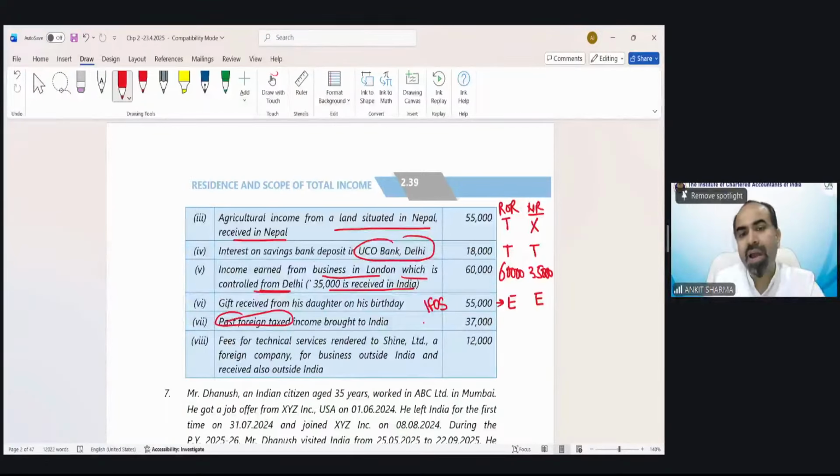Past foreign untaxed income, not applicable. Fees for technical services rendered to Shine Limited, a foreign company, for business outside India and received also outside India. For ROR, it is going to be taxed, and for non-resident, that is not going to be taxed at all.